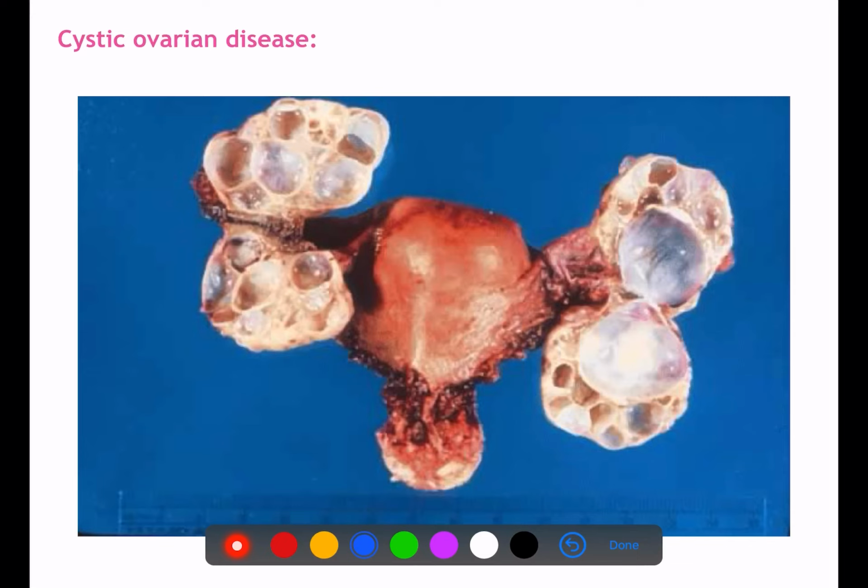The other type of cyst, which is very common within cows, is called cystic ovarian disease. In cystic ovarian disease, as we see in the picture, the ovary contains many follicles, cystic follicles. These follicles usually cause infertility.